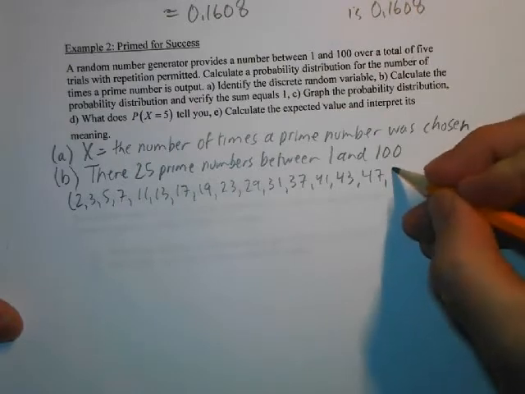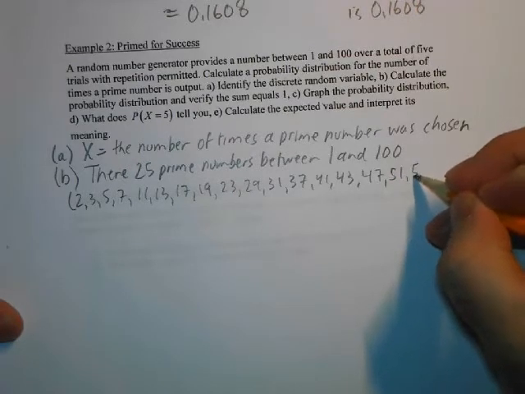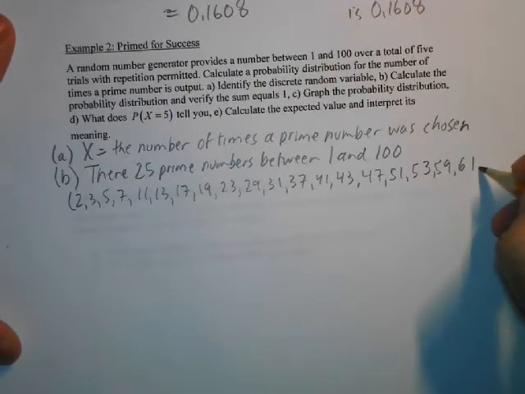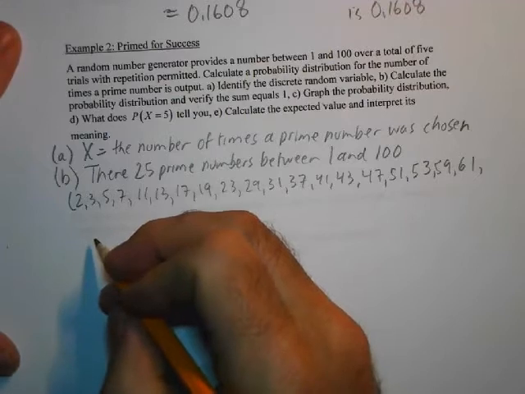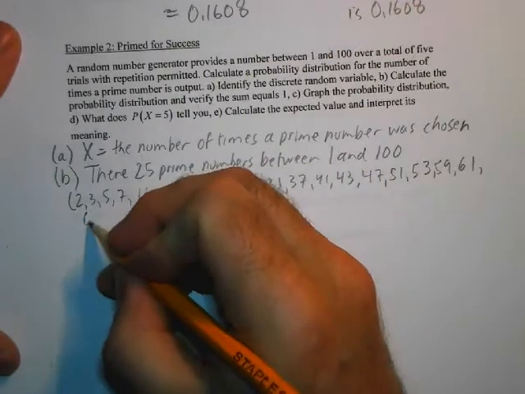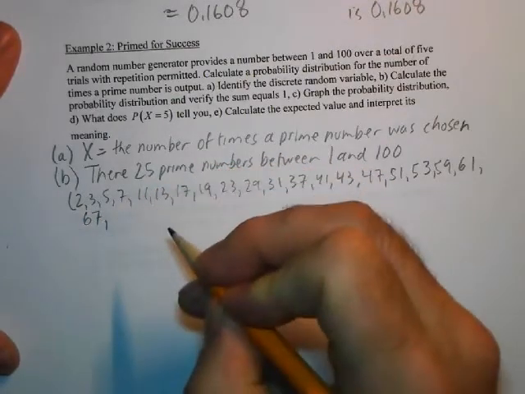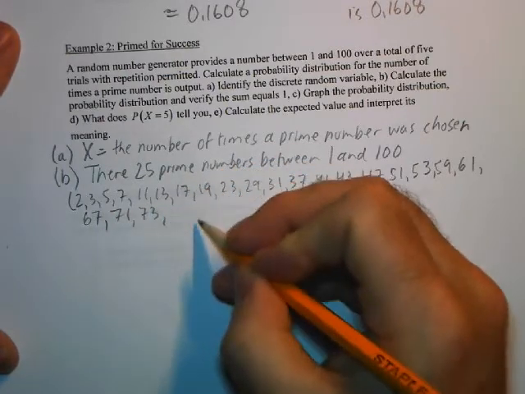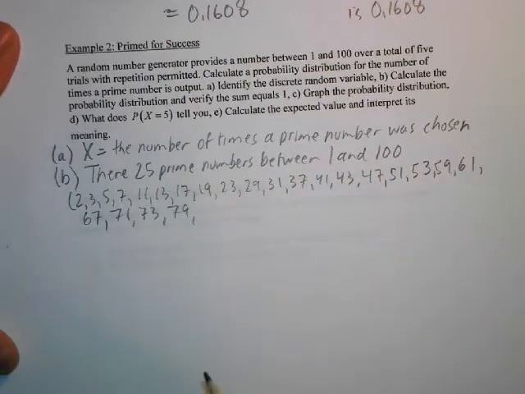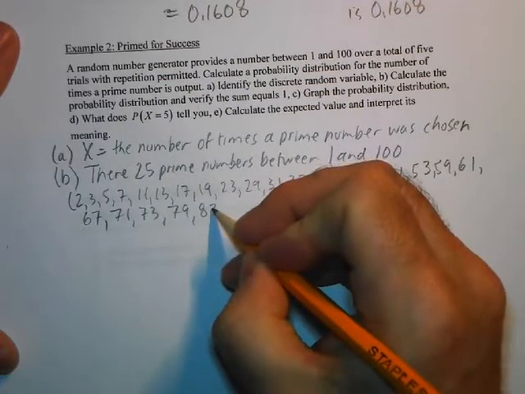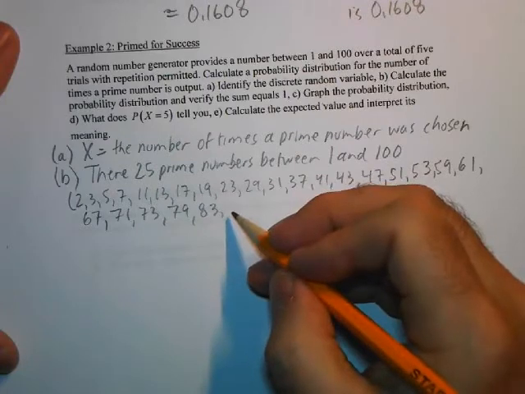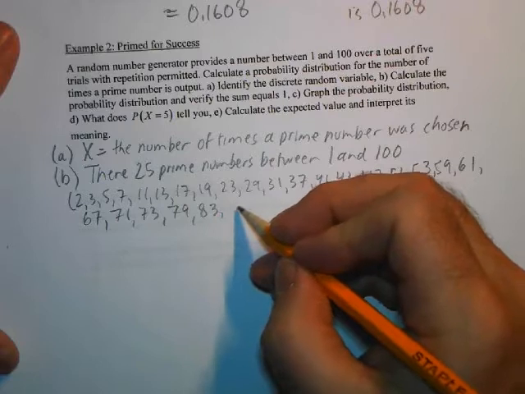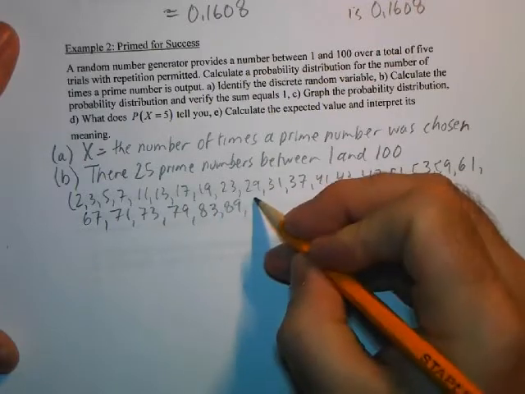So the next ones would be 51, 53, 59, 61, 63, 67, 69 is not, 71, 73, 77, 79, 81 is not, 83 is, 87 is not, it can be divided by 3, 89, and then 97.